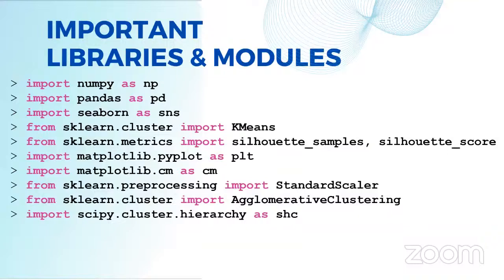This is a main library for data analysis and for clustering analysis also. From this library we import the class KMeans, which is a popular machine learning algorithm for clustering data points into groups.